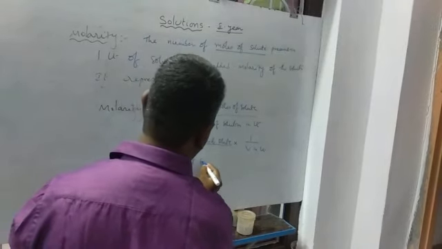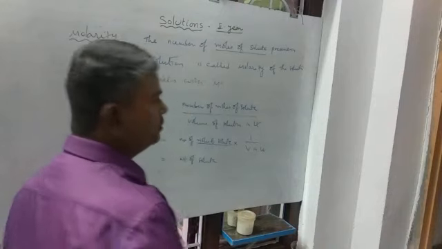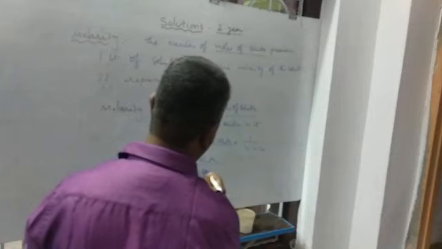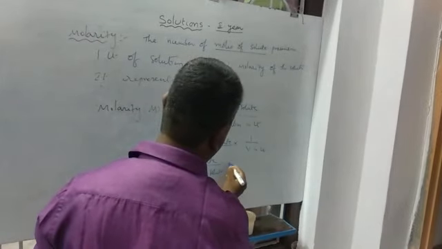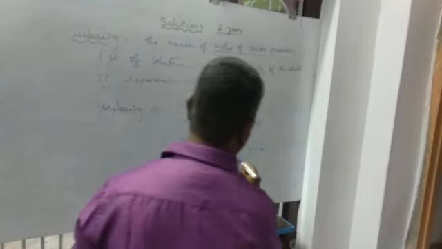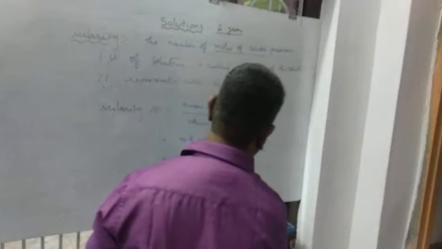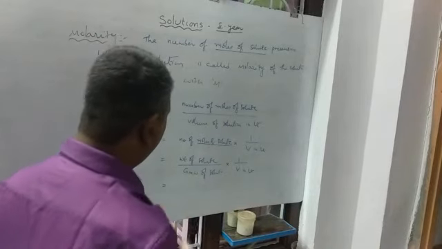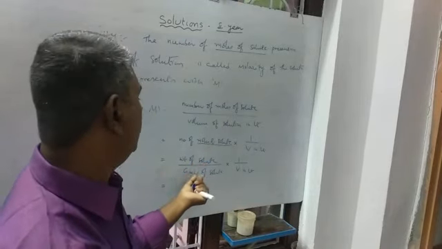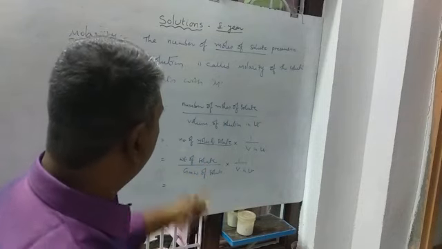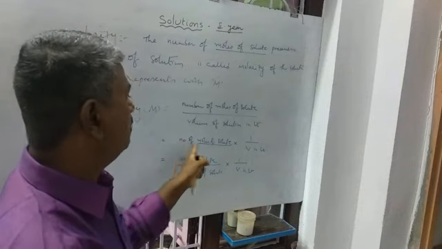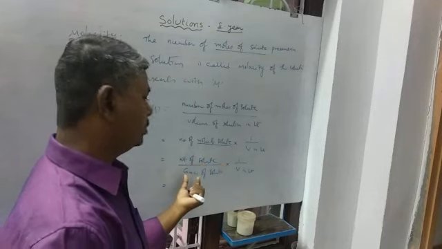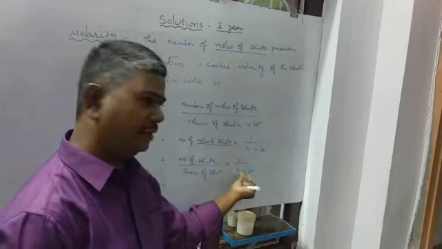Weight of solute by gram molecular weight of solute into 1 by V in liters. The weight of the solute and the gram molecular weight of the solute give us the number of moles. Number of moles is the amount of the solute by gram molecular weight of the solute.